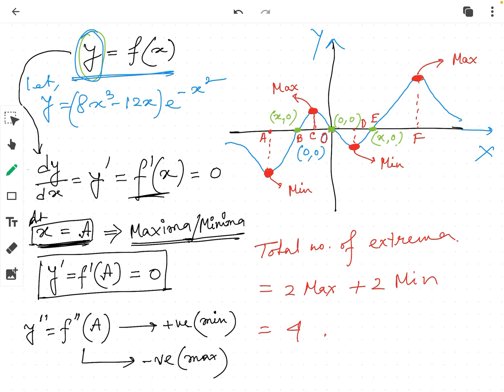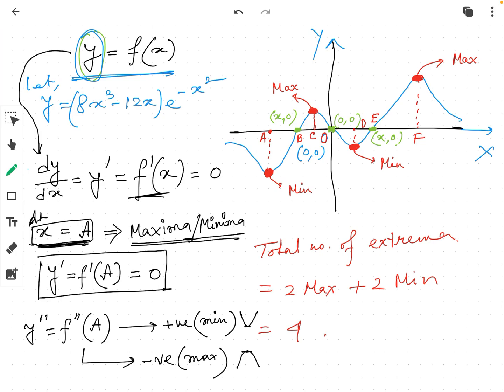So this is the basic rule, and as I said, minima means like this, negative peak, and maxima means this, the positive peak.